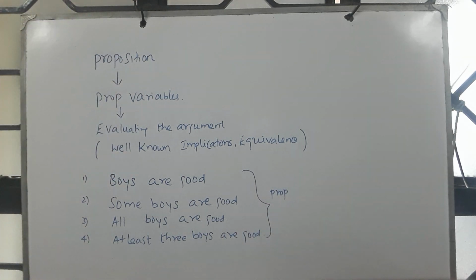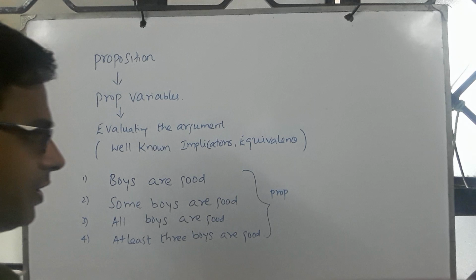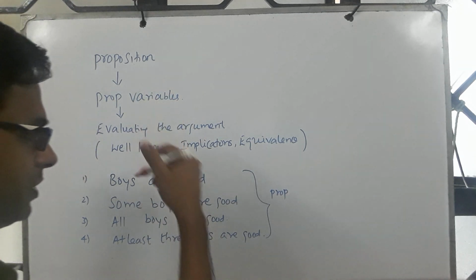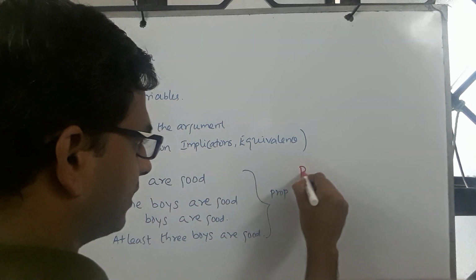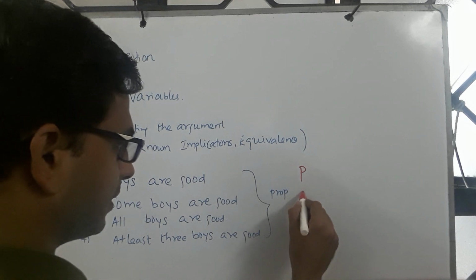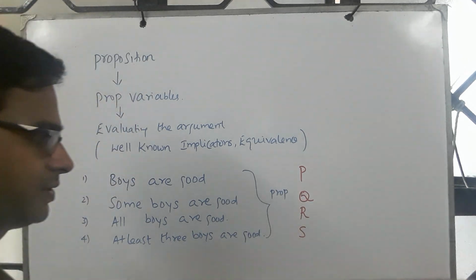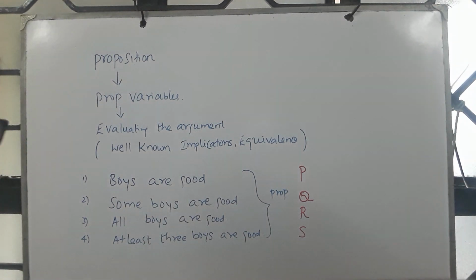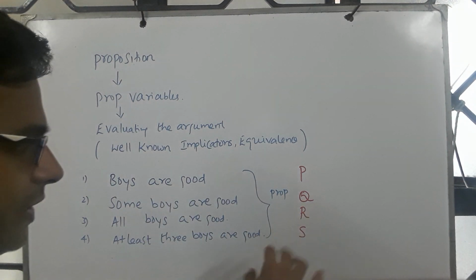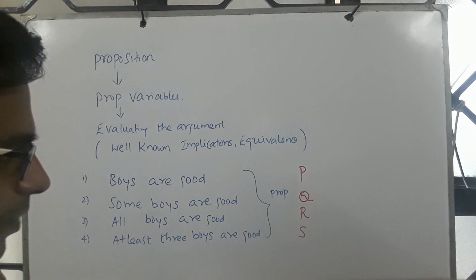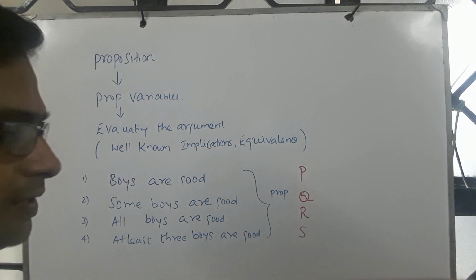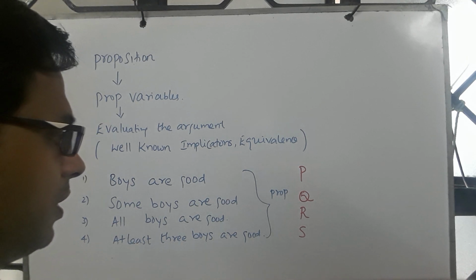So I can say boys are good, if you follow this strategy, this is P, some boys are good is Q, this one is R and this one is S. One can work with these variables and then start simplifying and see whether the given argument is true or false.